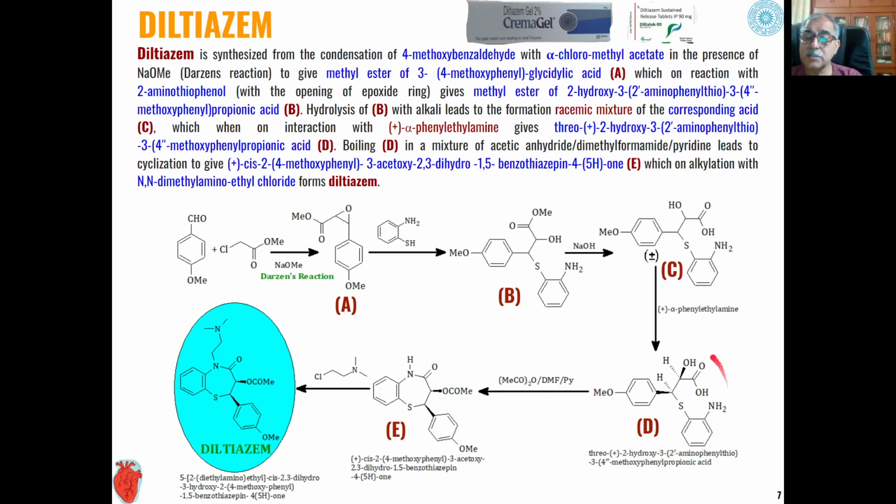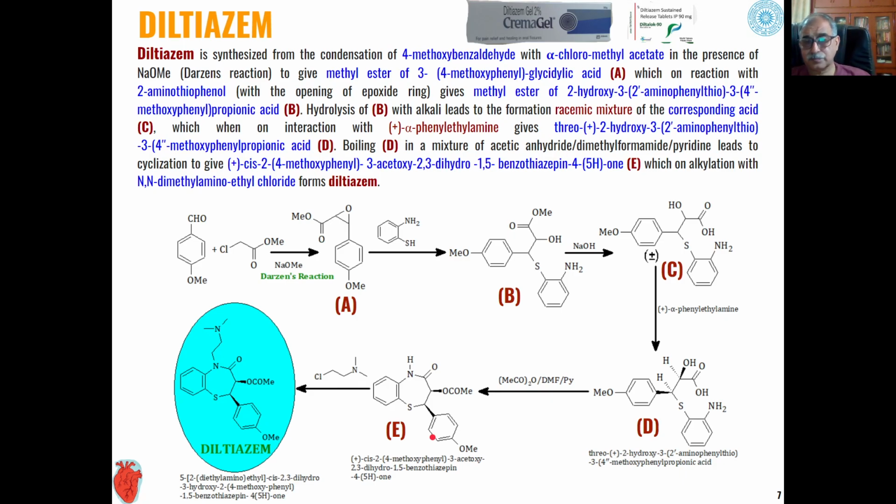When this plus enantiomer of the carboxylic acid is treated with acetic anhydride in dimethylformamide and pyridine, it undergoes condensation at these positions along with cyclization to give us the 1,5-benzothiazepine ring.